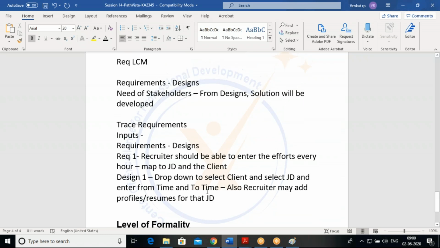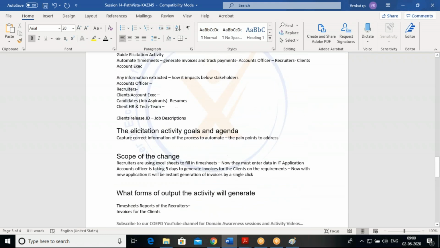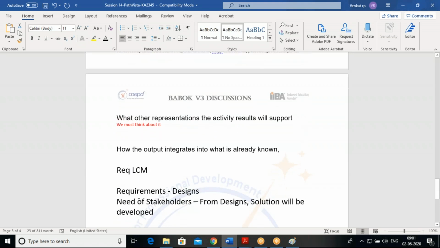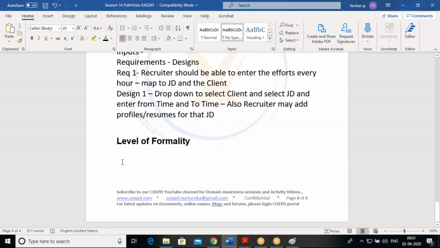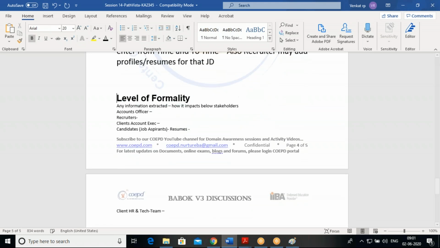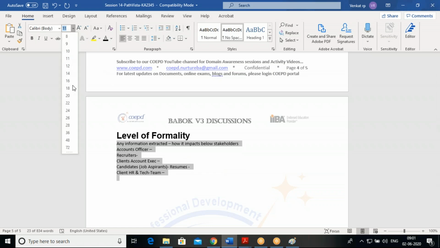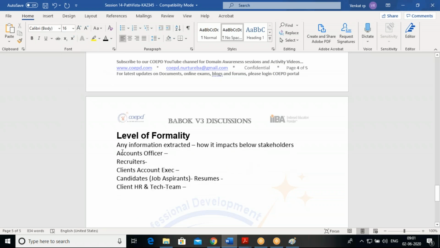If you want to really understand this level of formality, see here: the accounts officer, what he actually wants, what recruiters want, to what extent the client's account executive wants, what candidates need, and what the client HR and technical team actually require.